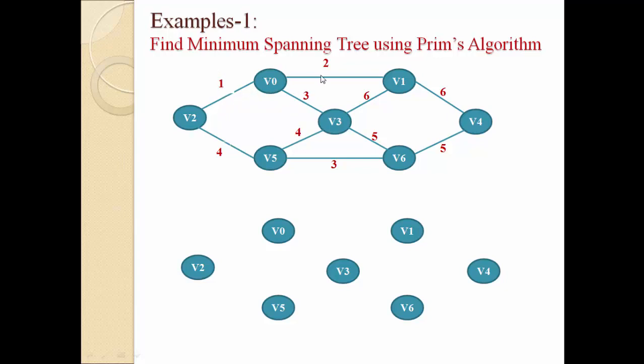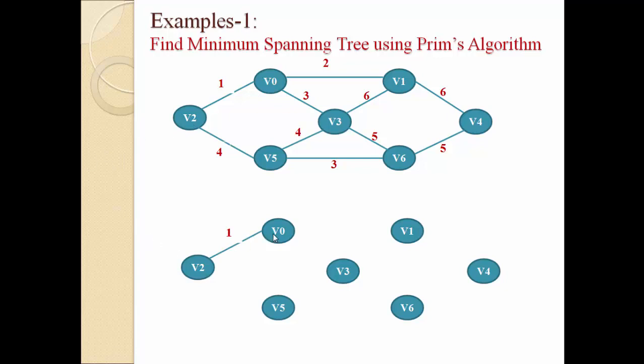Among these 3 solutions, we have to identify the solution which has a minimum cost. So here 2, here 3, and here 1. We have to choose this edge, because this edge has a cost 1. So we are selecting V0 to V2 first.